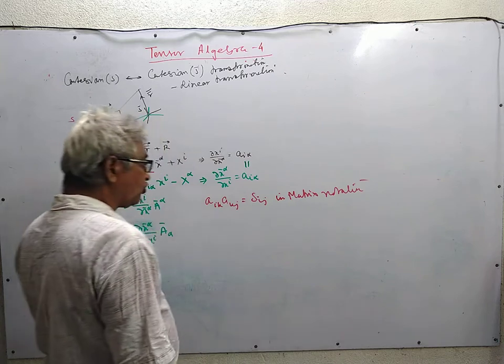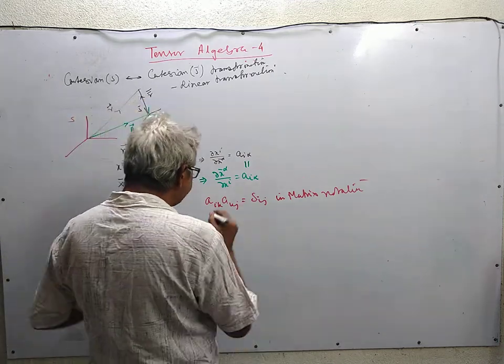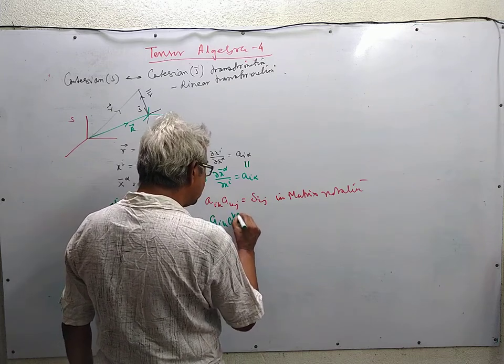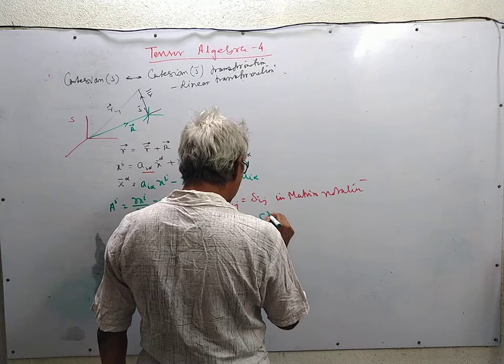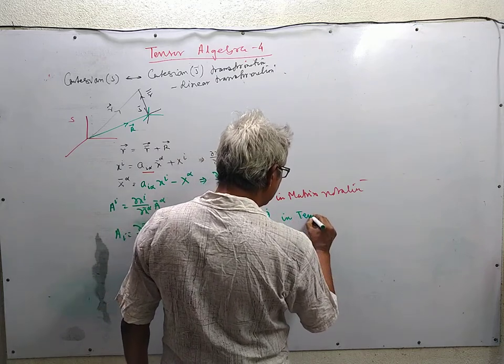But in tensor notation, this relation changes to a i k a k j equal to delta j i.